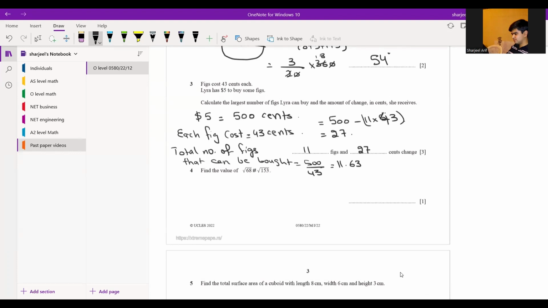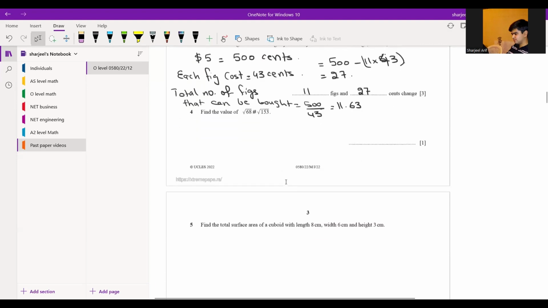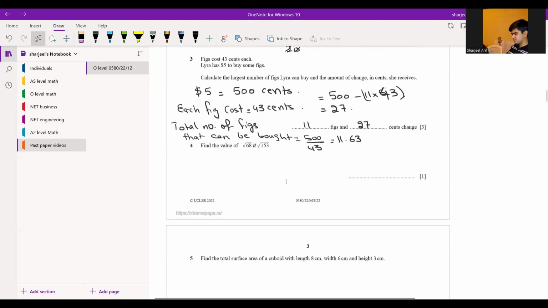Now, for the fourth part, we have square root of 68 multiplied by square root of 153, and we have to find the value of it.